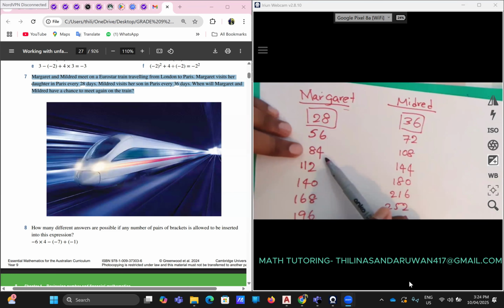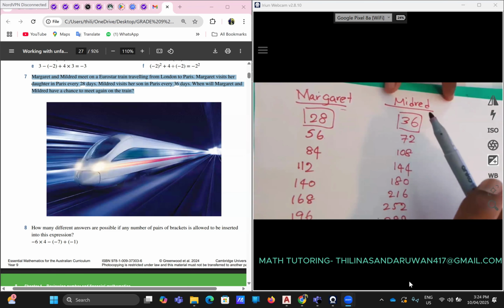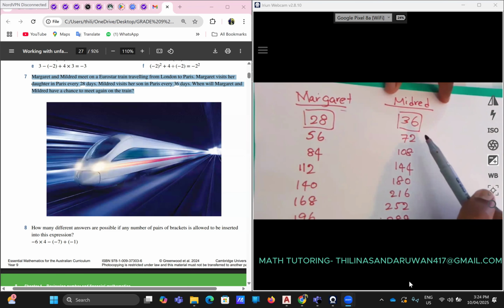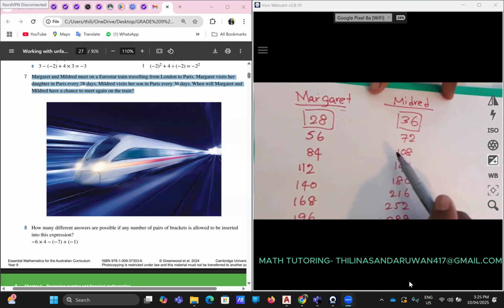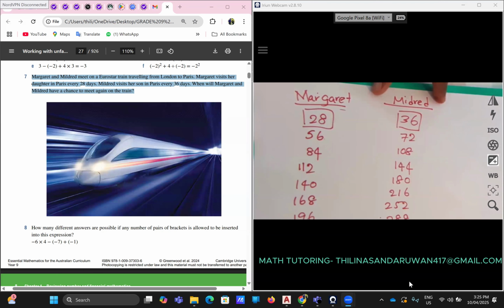Also Mildred is going every 36 days to see her son. If day 1 is today, after 36 days she is going to visit her son again, and after 72 days from today she is going again. So we have to multiply to find any common day they are visiting Margaret's daughter and Mildred's son, which means the lowest common multiple.